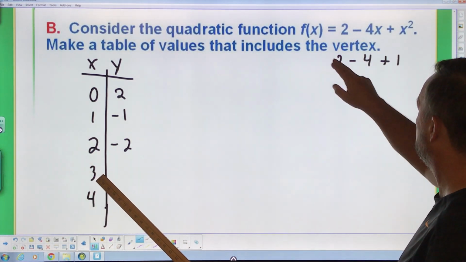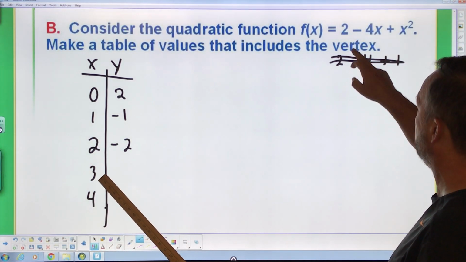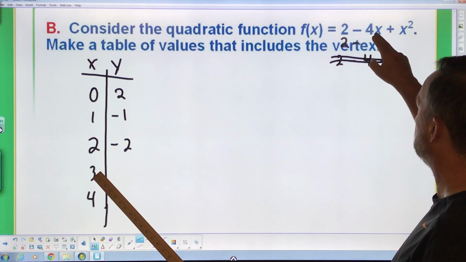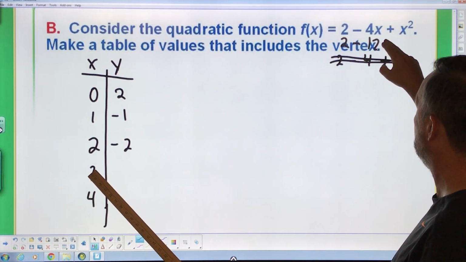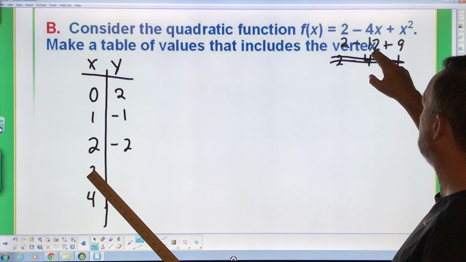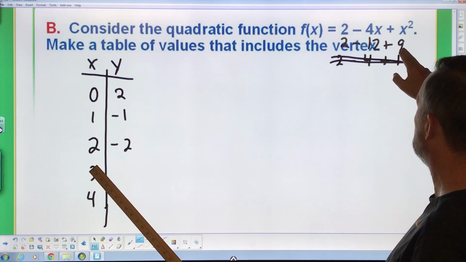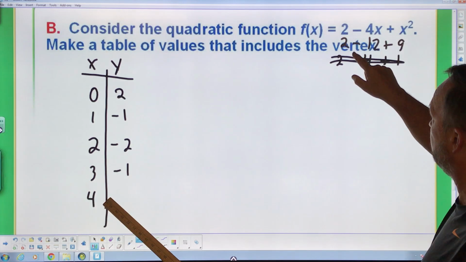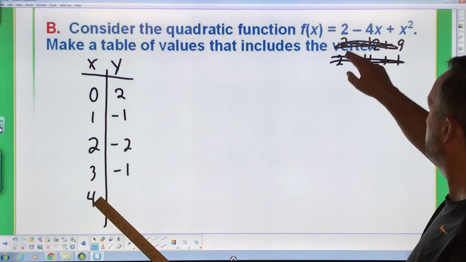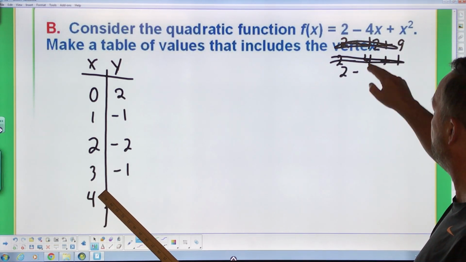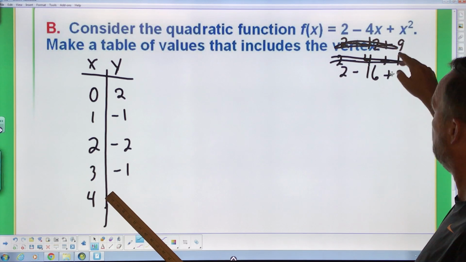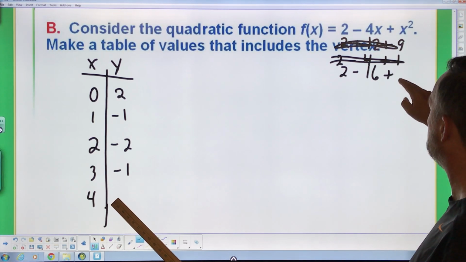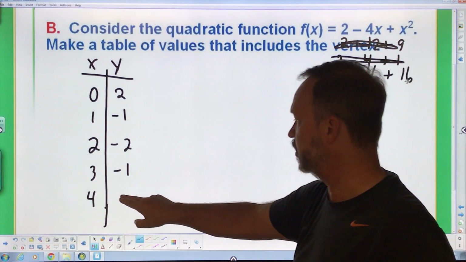Put in the 3. I'm just going to mark those out. Put in the 3. That's 2 minus, put in 3 there, it's 12. Put in 3 there, it's 9. 2 minus 12 is negative 10, plus 9 is negative 1. And put in the 4. So it's 2 minus, put in a 4, 16, plus 4 squared, 16, and you get 2.